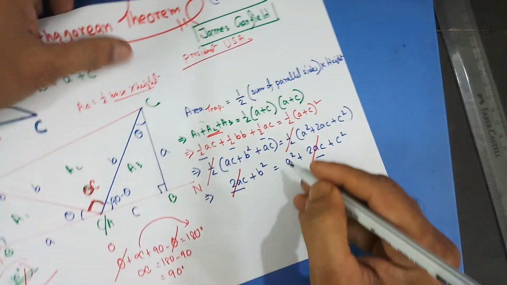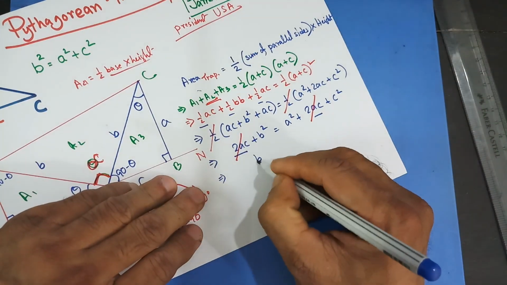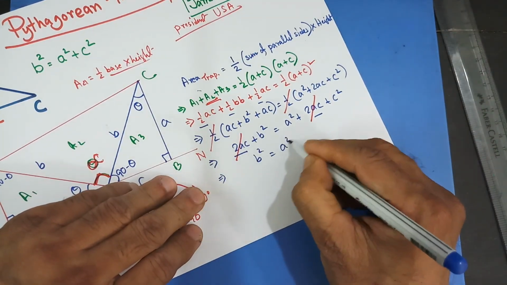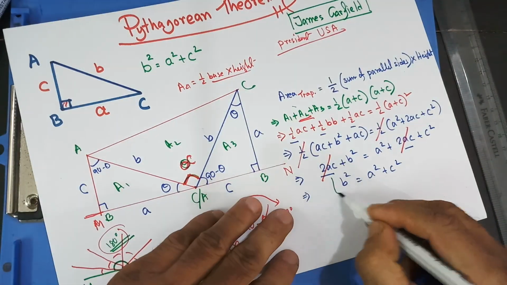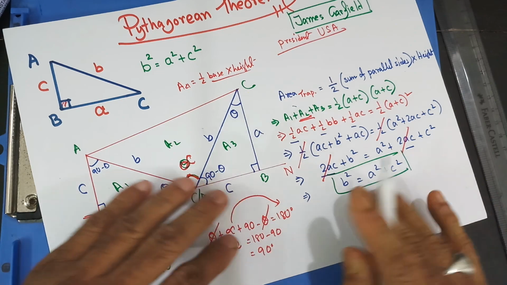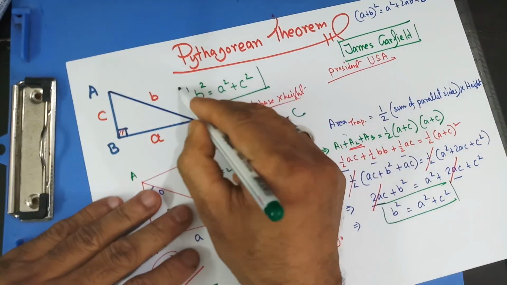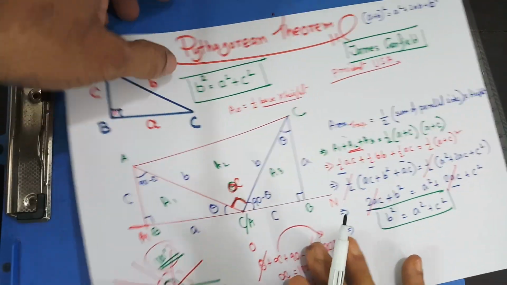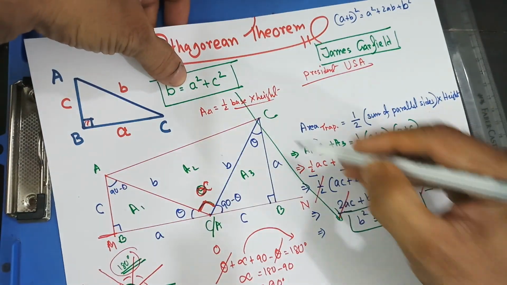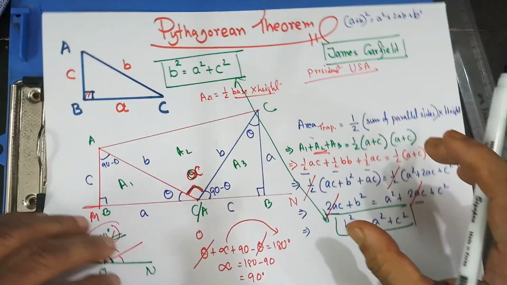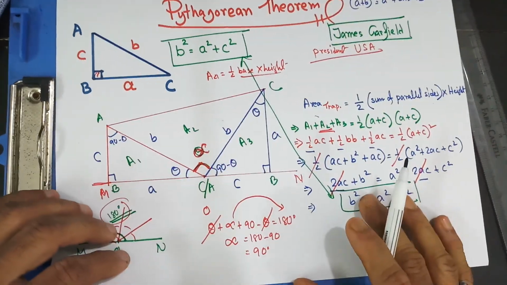Okay, if I cancel that out, then what I end up with is b square equal to a square plus c square. Now this b square equal to a square plus c square is the Pythagorean theorem we had. See that these two are equal. Okay, so this is the proof of the Pythagorean theorem.